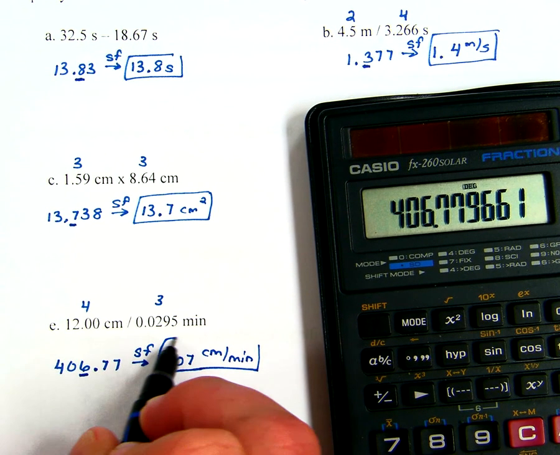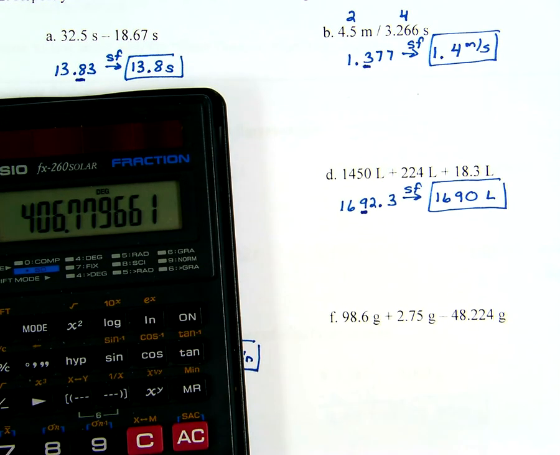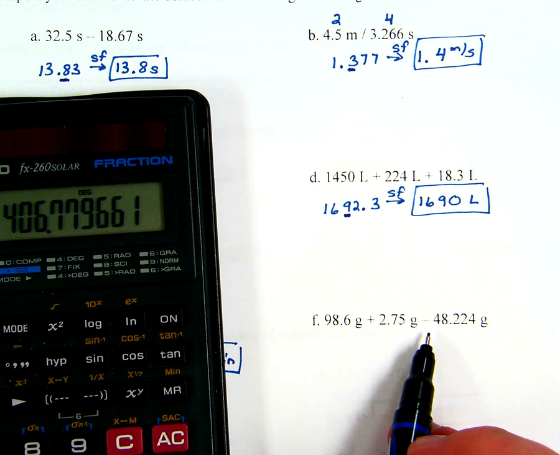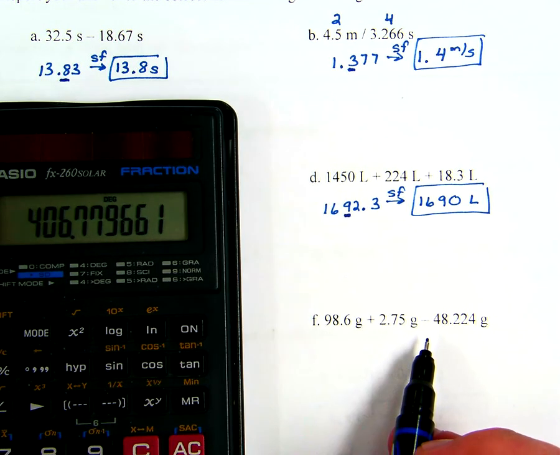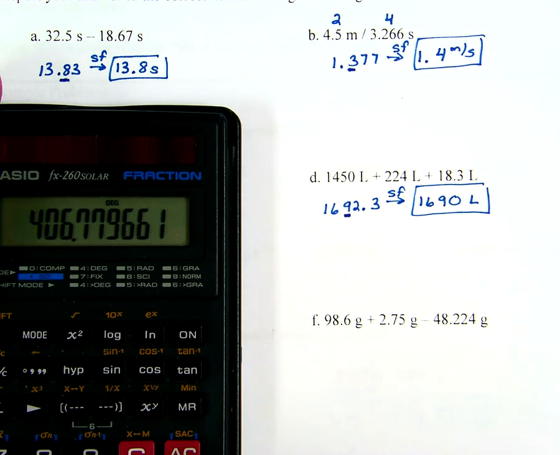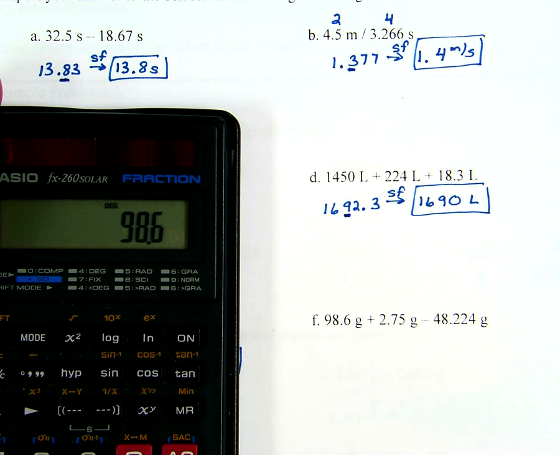And our last practice, we have addition and we have subtraction. Remember, those are the same rule, so you don't need to do different rules. Just follow the same rules because they are the same. So just plug it all in at once. We have 98.6 grams plus 2.75 grams minus 48.224 grams.